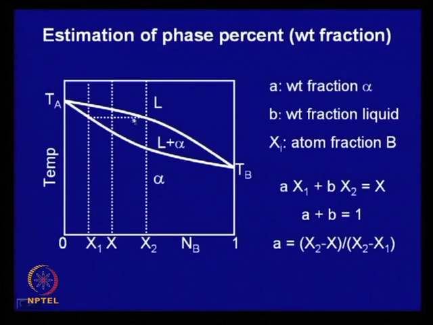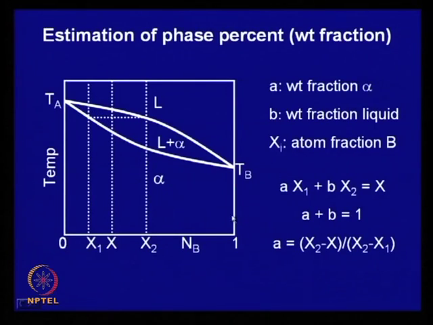So, this is proportional to, you can say, that entire amount 100%, x 2 minus x 1 is the total amount. So, weight fraction alpha is proportional to this arm, and similarly you can show the weight fraction of liquid is proportional to this arm.